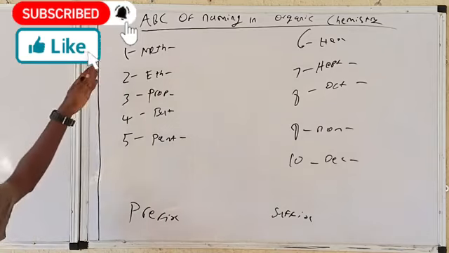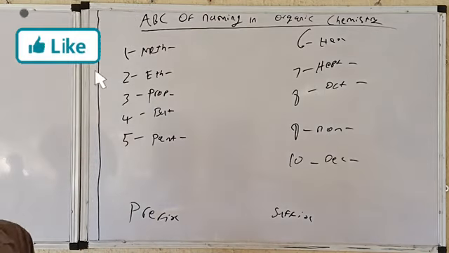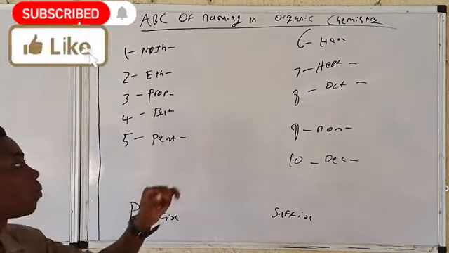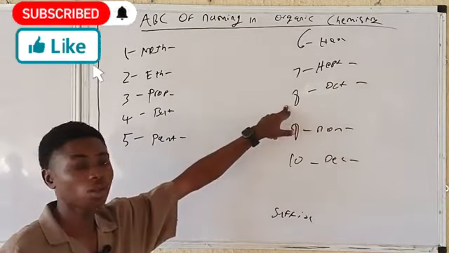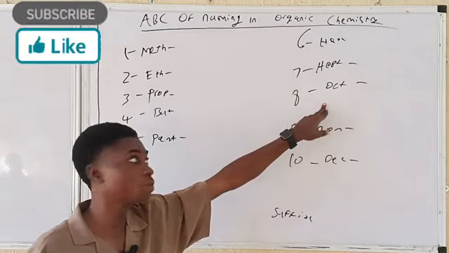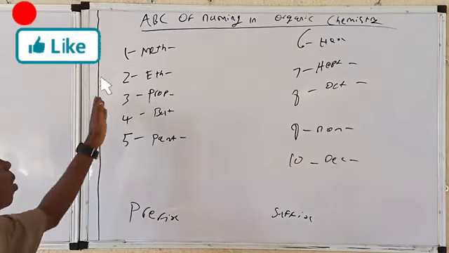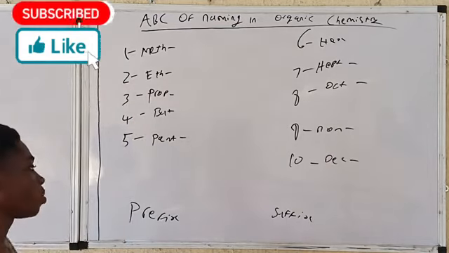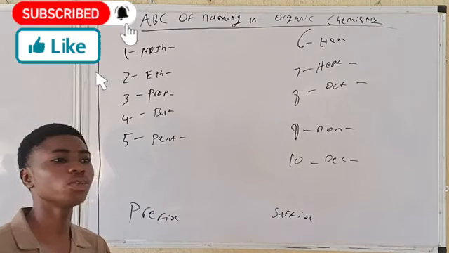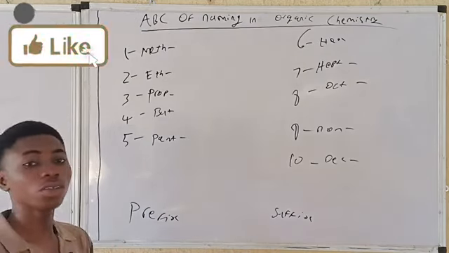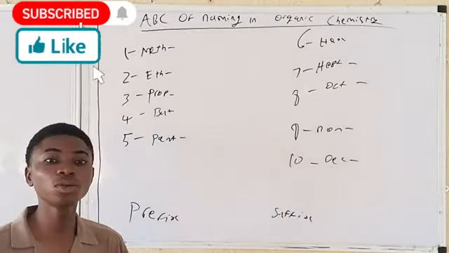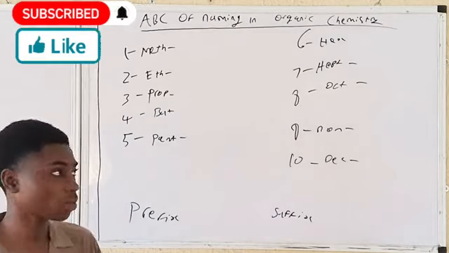So this is just basically the ABC. For example, anywhere you see a compound that has maybe 8 carbons, you know the prefix is going to be oct. Then, to complete the name, we have the suffix. Now the suffix depends on the functional group. I think there was a video where we talked about single bond, double bond, and triple bond.